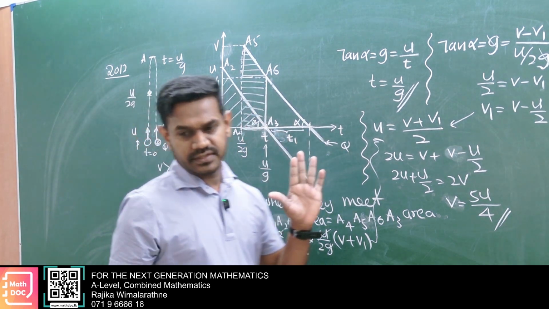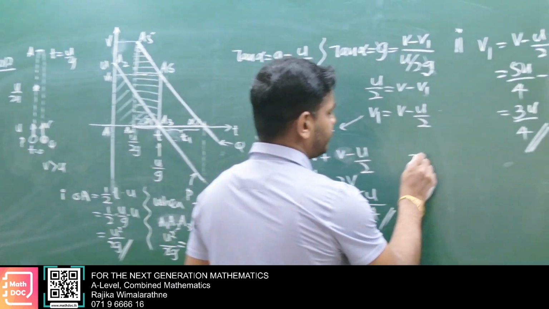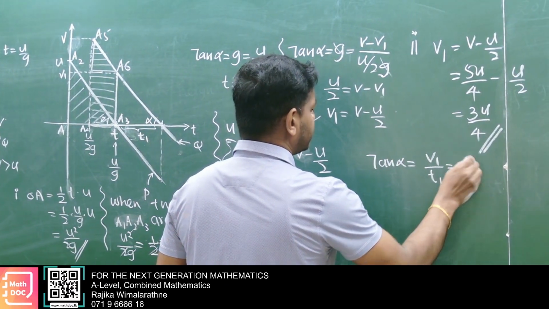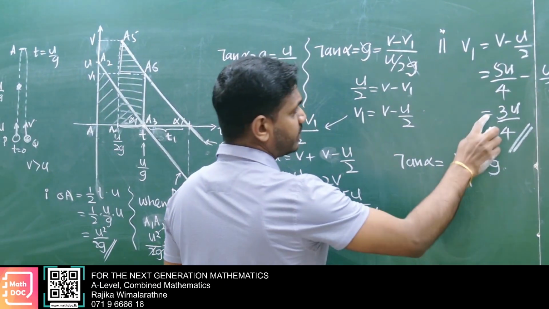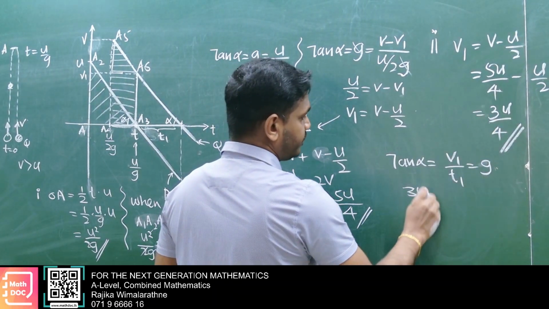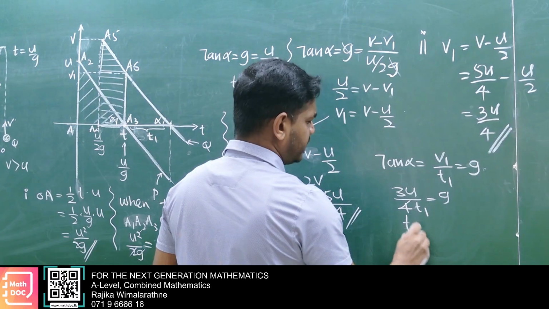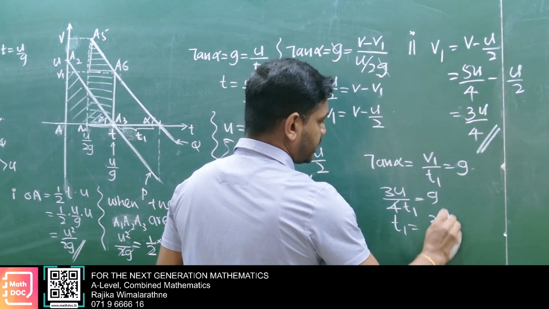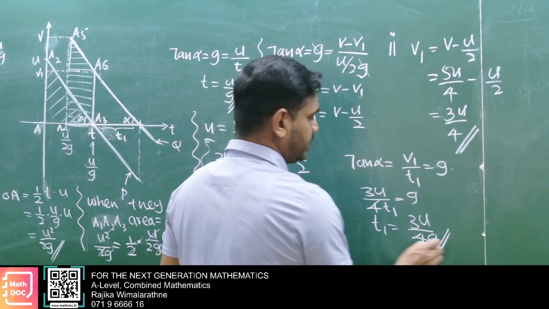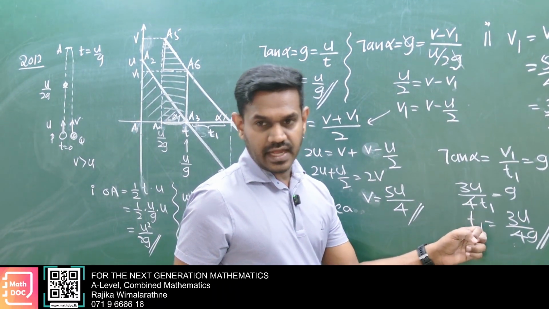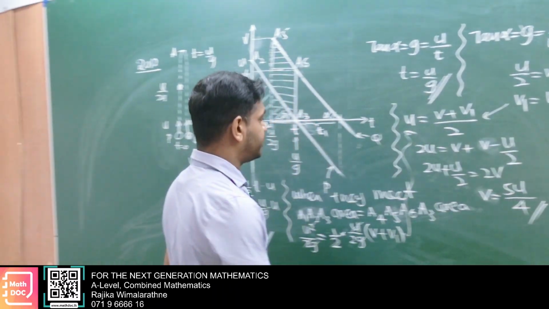Then you find first tan alpha, V1 over T1 equals G. Then V1 known, 3U over 4. Then T1 equal 3U over 4G. Here the corresponding time.